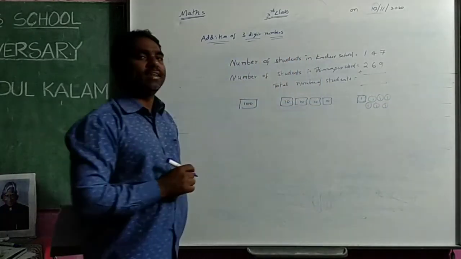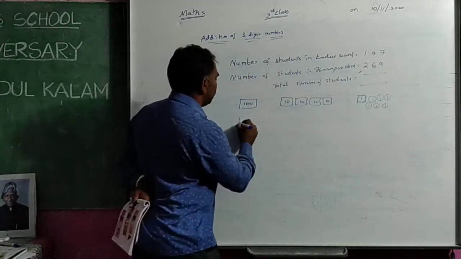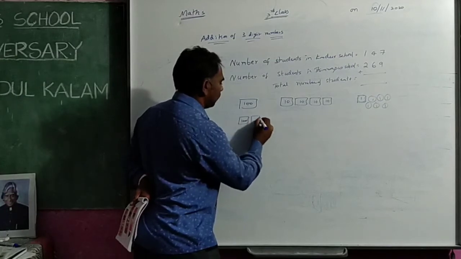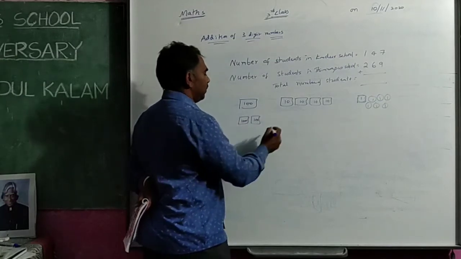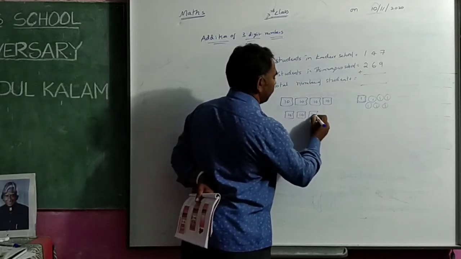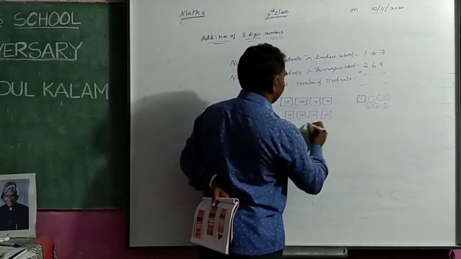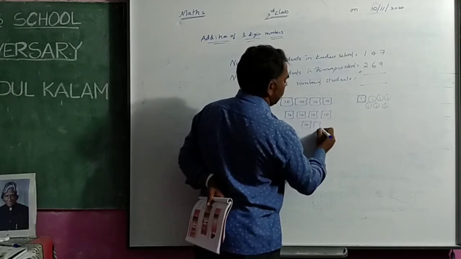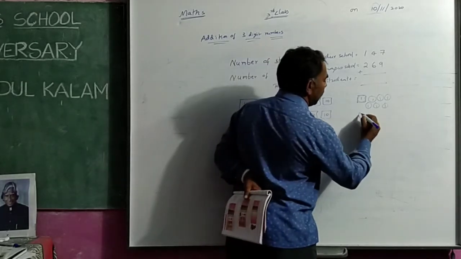Next 269 means 2 hundreds. 60 means 6 tens. And 9 ones.